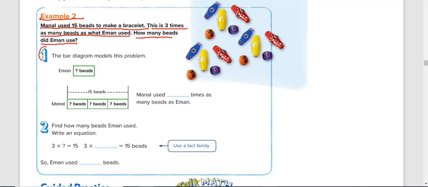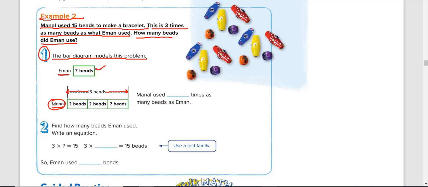And step 1. The bar diagram models this problem. So we have Iman. How many beads did Iman use? This is what we are looking for. We don't know. But for Mana, we do know that Mana used 15 beads in total to make a bracelet.